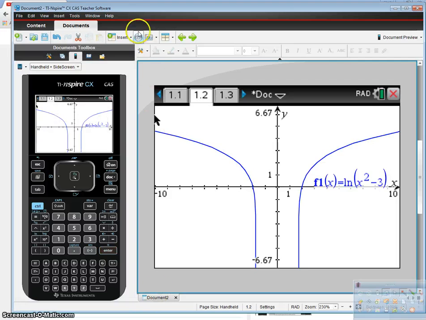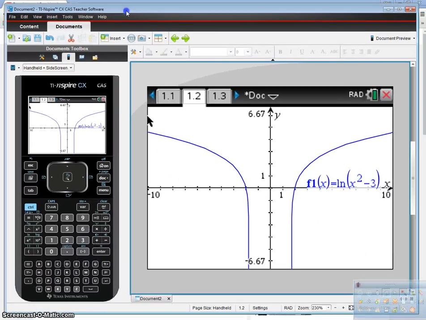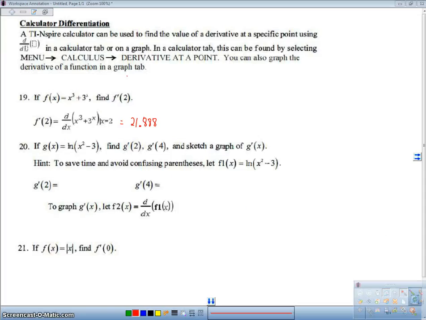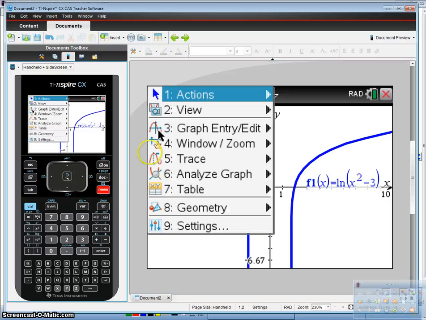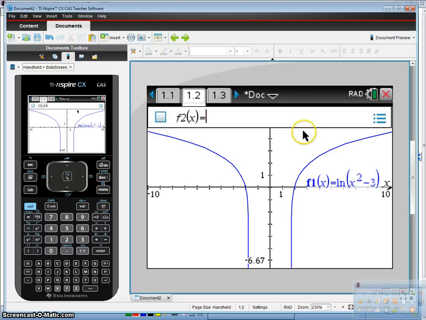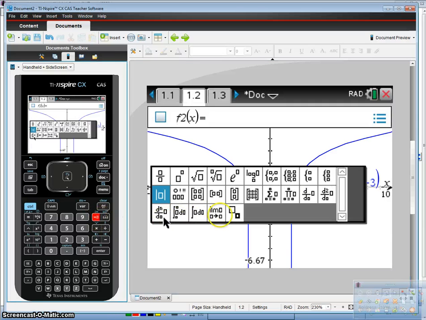Okay, all right, let's go back to the question that said, how do I sketch the graph of the derivative g prime of x. So here's g of x. What we're going to do is we're going to go back to our graph, and we're going to hit Menu, Entry, Edit, Function, so that we get a new function here. And then in our little button here next to our book, we're going to click, and we have a d with this little space here.